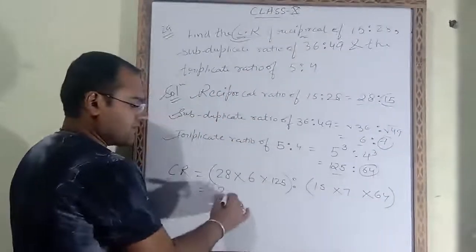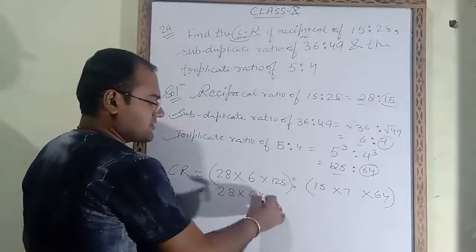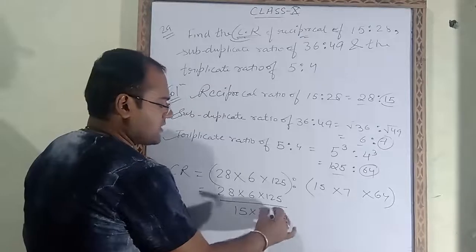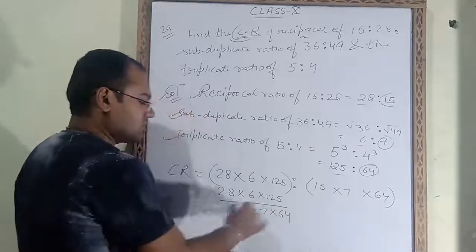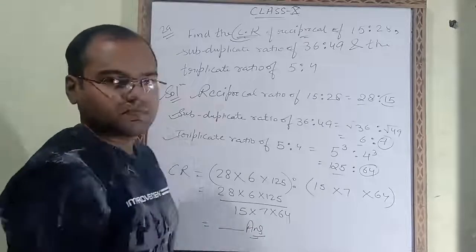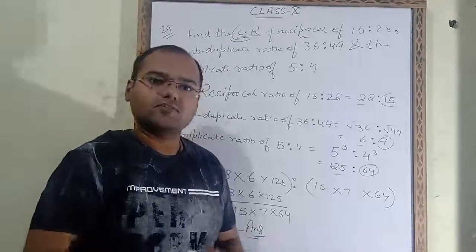Now we will write in divide form: 28 into 6 into 125 divided by 15 into 7 into 64. On solving it, we will find the answer of the compound ratio. So like this you have to do this full exercise.